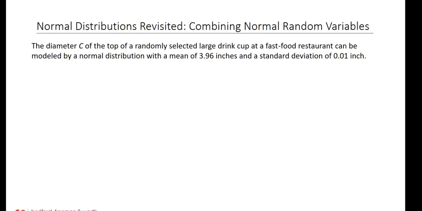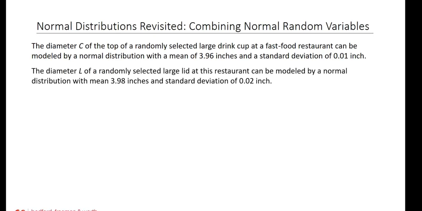So the diameter C on the top of a randomly selected large drink cup at a fast food restaurant can be modeled by a normal distribution with a mean of 3.96 and standard deviation of 0.01. They're pretty accurate, right? They're all about the same size, but there's a slight difference there. It could be a little bit off, 0.01 for one standard deviation. But L, the lid, has a mean of 3.98 with standard deviation of 0.02.